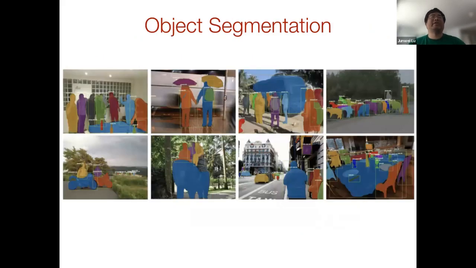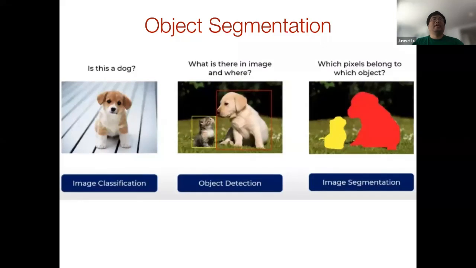Another important thing is object segmentation. We're not only using rectangles, but want to identify the boundaries of these objects. Okay, this is a summary of the important examples I mentioned. From the beginning, it's a very simple task called image classification. The question is just, is this a dog or not? And then we need to identify multiple objects in the images.